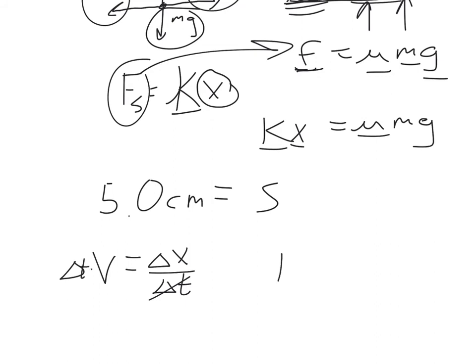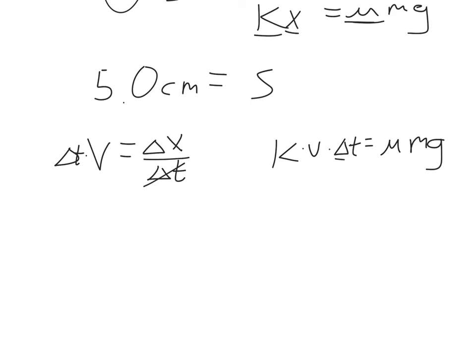So it would be k times v times delta t equals mu mg. I was saying before that I didn't think I had mu. I do have mu. I was wrong there. Okay. Ignore me. Here we go.